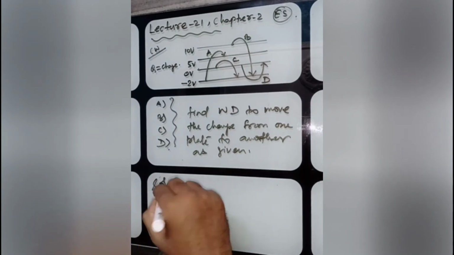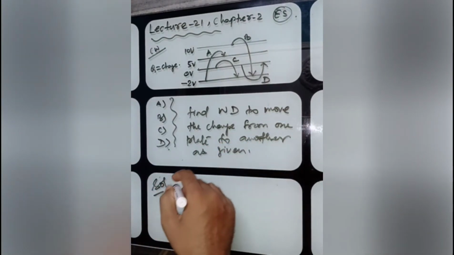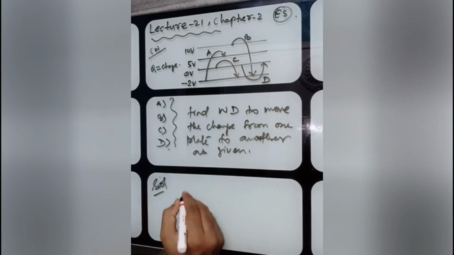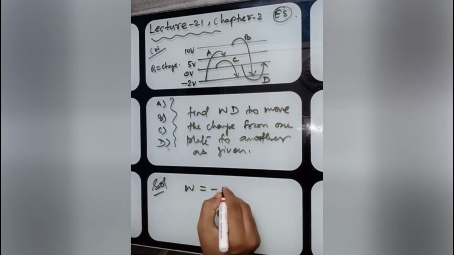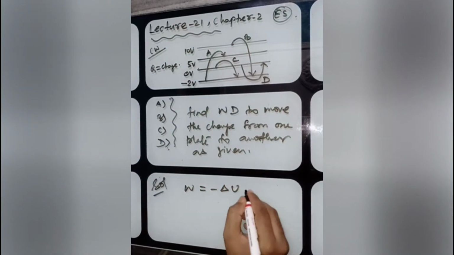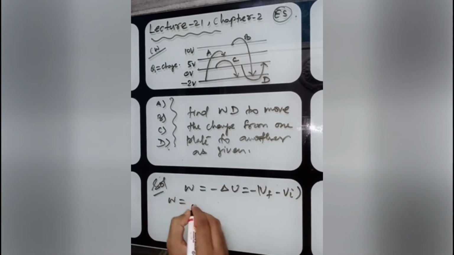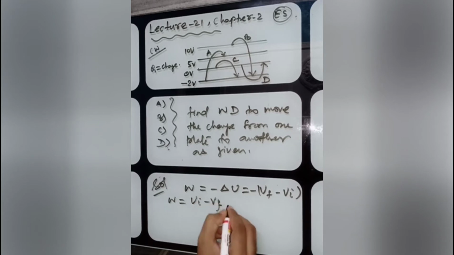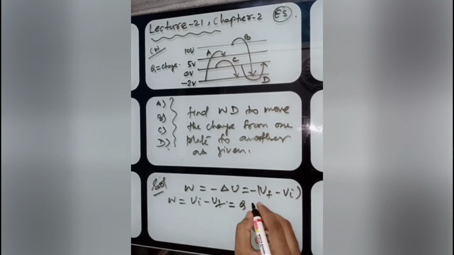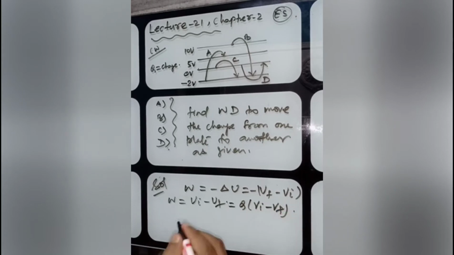So this is the solution. The first one, as we know that the formula of work done is minus delta U. I hope you remember, it can be minus (U final minus U initial), and this can also be U initial minus U final, and this U is nothing but Q times V, that is Q times (V initial minus V final).